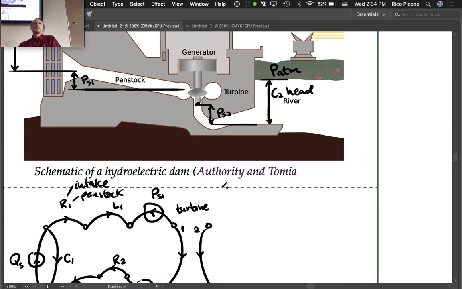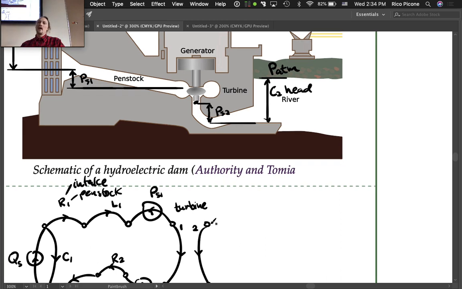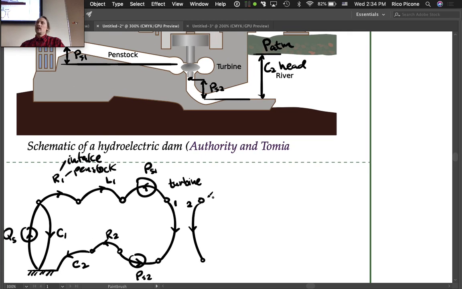It's going to be connected to a shaft. Let's assume that the shaft is relatively short and stout, and so it doesn't have a lot of flex to it. So the entire shaft, turbine, shaft, and the rotor of the generator will all spin at the same speed. So we'll only really need one node for this mechanical system.